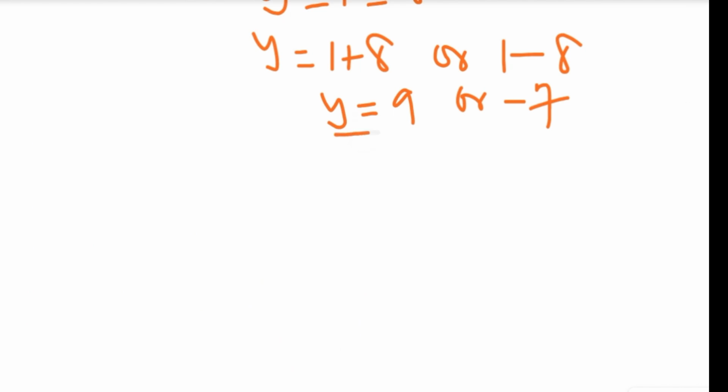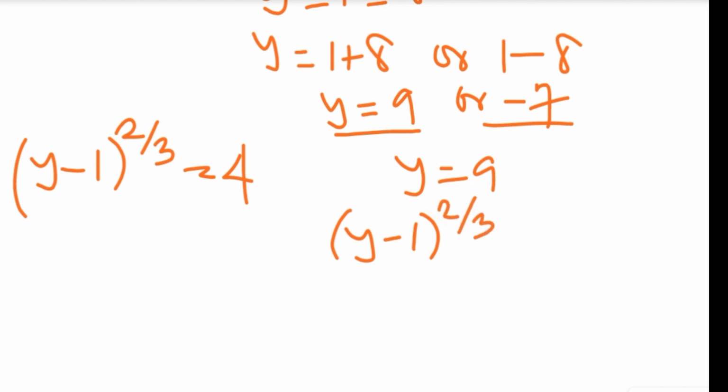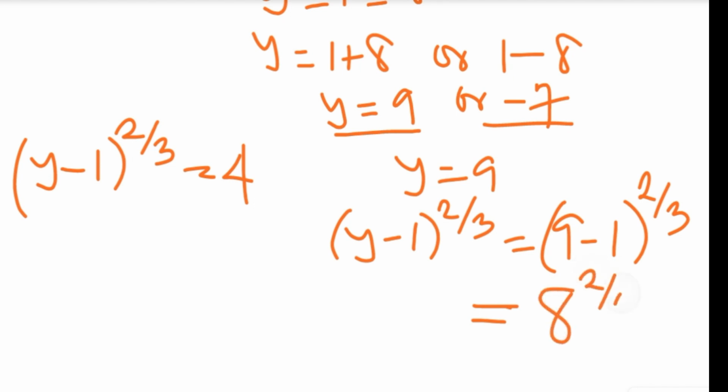Having gotten these two results for the value of y, we want to check if these two results are correct. The initial equation we are given is y minus 1 to the power of 2 over 3 equal to 4. Now let's check for the value of y equal to 9. If y is equal to 9, we'll have 9 minus 1 all to the power of 2 over 3, and that will give us 8 to the power of 2 over 3.